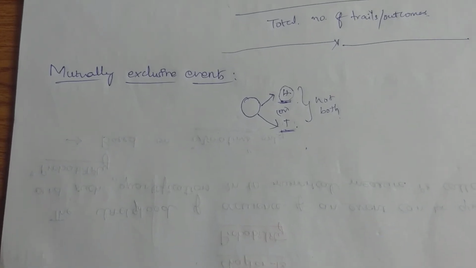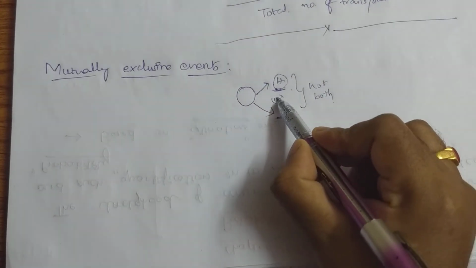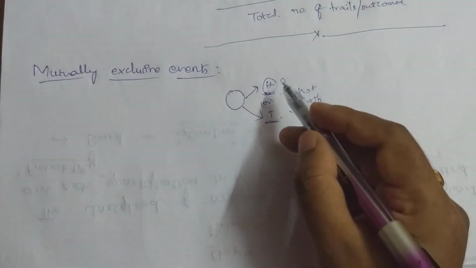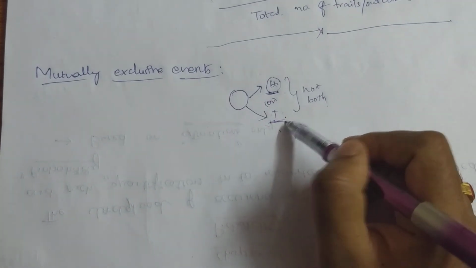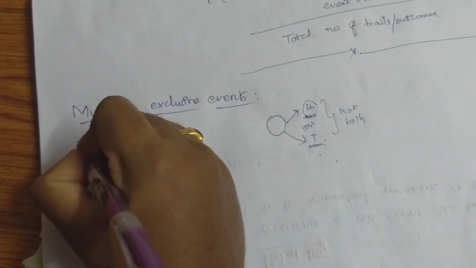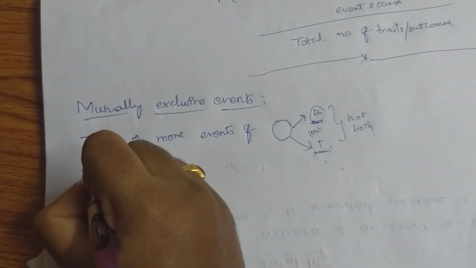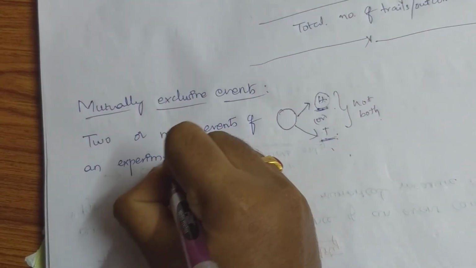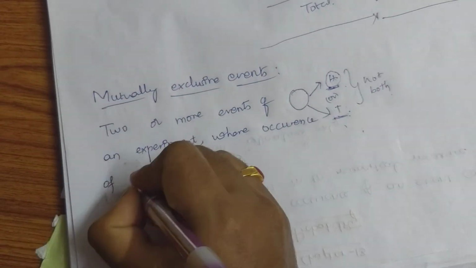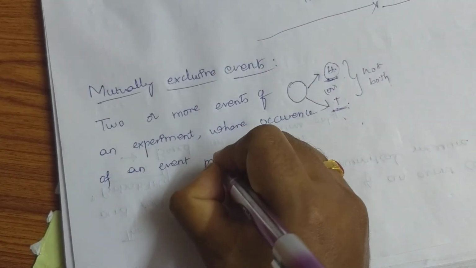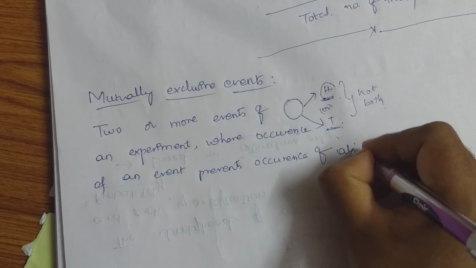So let me write it now. Two or more events of an experiment, where the occurrence of an event prevents the occurrence of all other events.